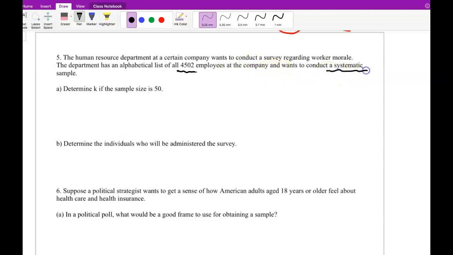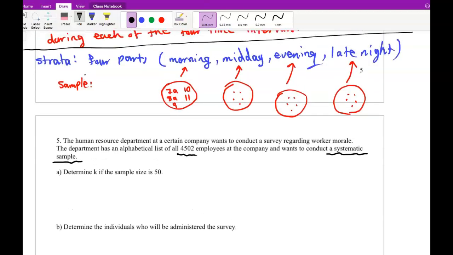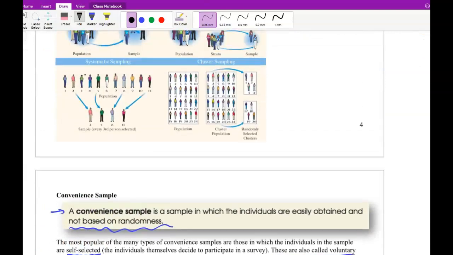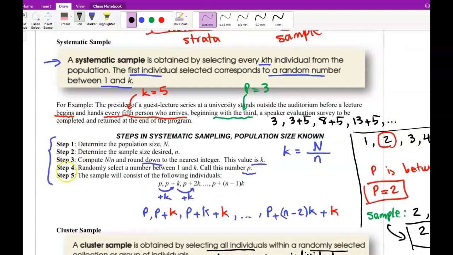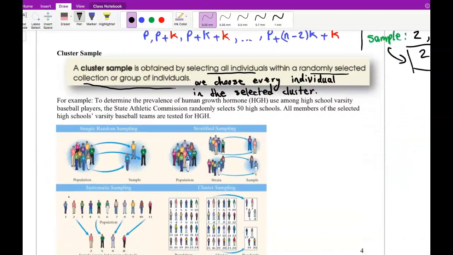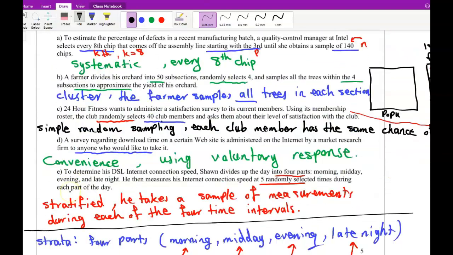So systematic. What that means, you should have K, and what the sample size is. We have to follow these steps, which are for a systematic sample.